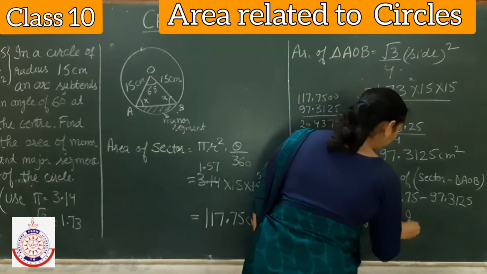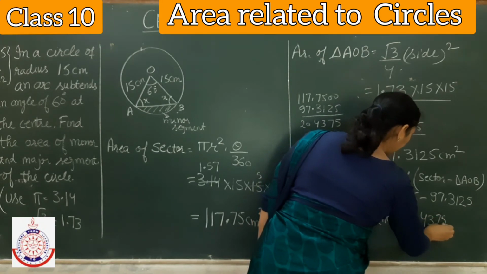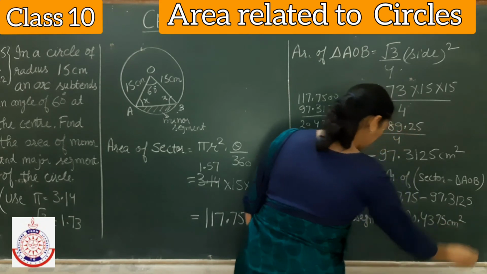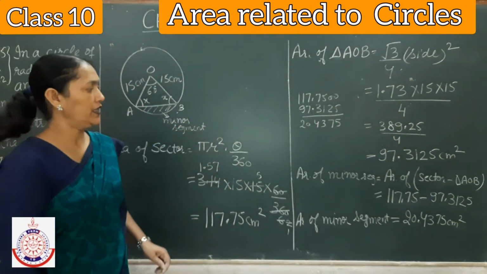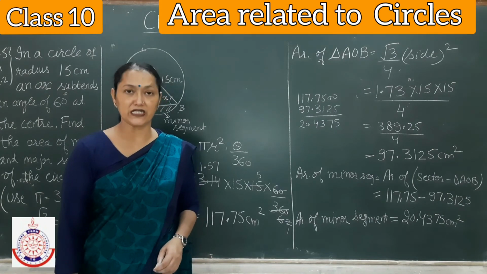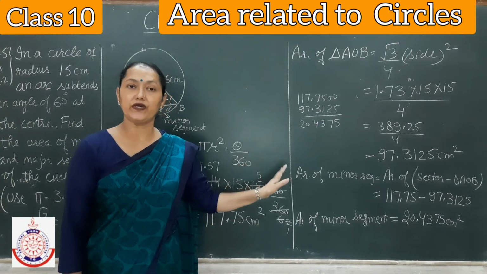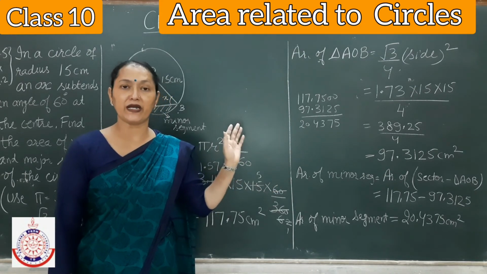So we obtained area of minor segment as 20.4375 centimeter square. Area of minor segment we have calculated. Now we have to calculate area of major segment. Area of major segment we know is area of circle minus area of minor segment.